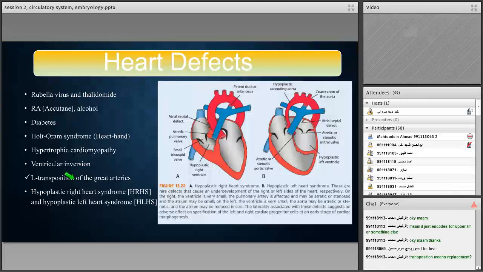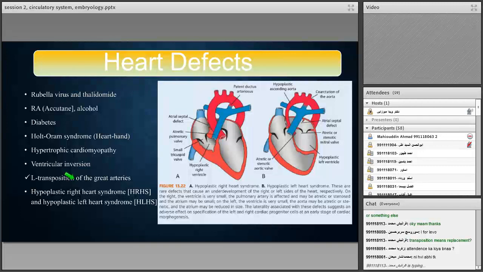And this will happen through the laterality process when the laterality pathway is forming. Yes, transposition means replacement. No. Transposition does not mean replacement, because the arteries are located in their right side, but they are exiting from the reverse ventricles.